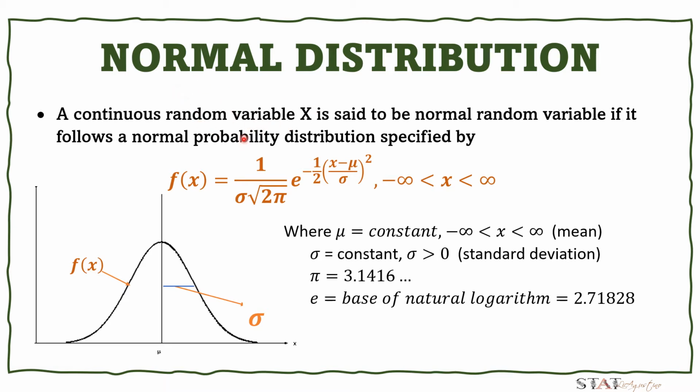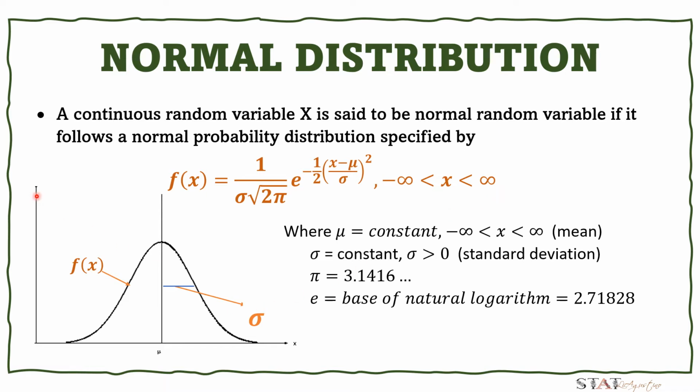So a continuous random variable x is said to be a normal random variable if it follows a normal probability distribution specified by a function f of x equal to 1 over sigma square root of 2 pi e to the power of negative 1/2 multiplied by the quantity x minus mu over sigma, squared. Note that the value of x is from negative infinity up to positive infinity.